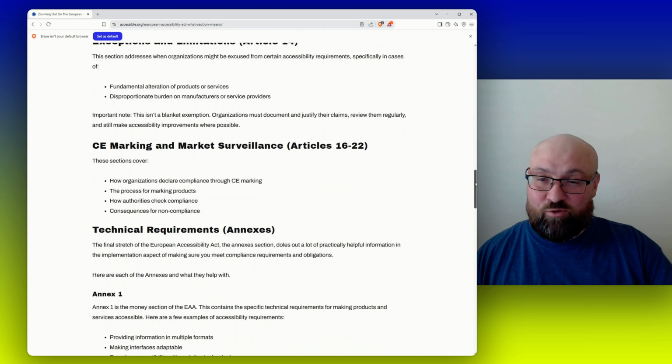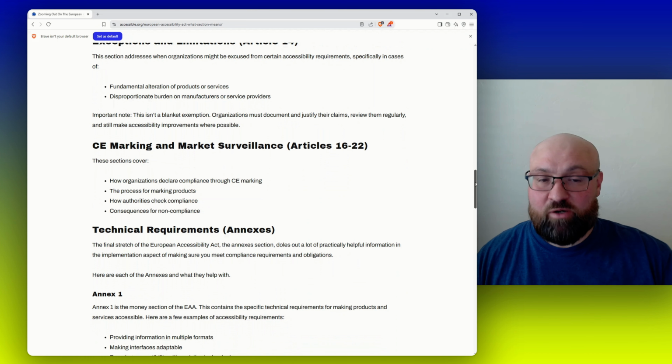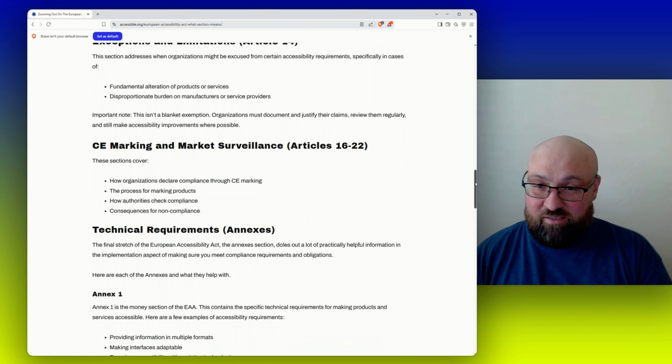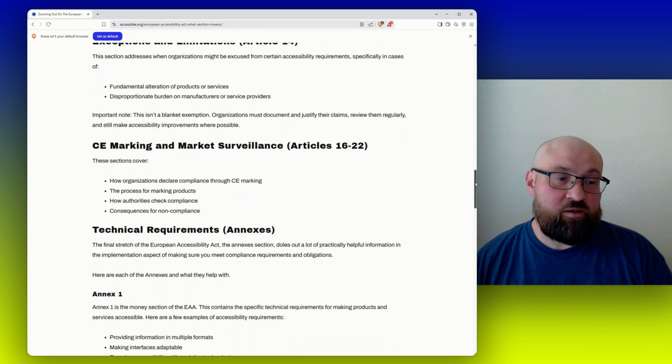Scrolling down, we have Articles 16 through 22, which include CE marking and market surveillance. So this is going to cover how to declare compliance through CE marking, the process for CE marking, how authorities are going to check on compliance, and what some of the consequences are for non-compliance.